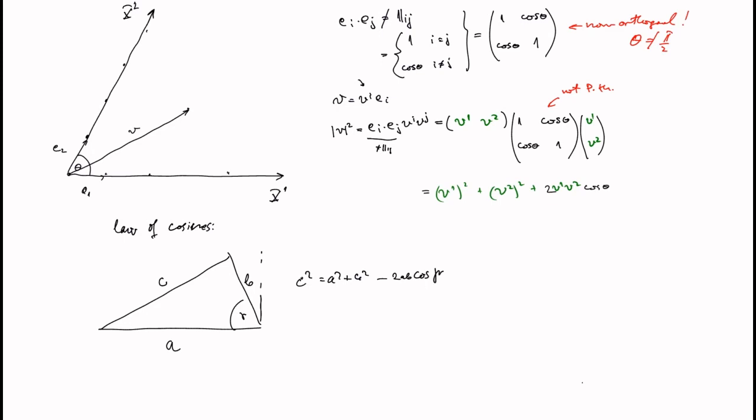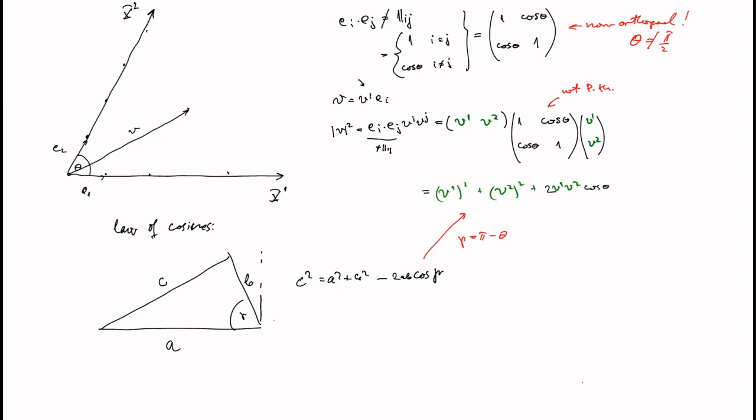This is the law of cosines. And if you compare it with the equation that we have here, it seems like gamma is pi minus theta if you attribute A to V1, B to V2, and C squared to the length squared. Okay, so this is very interesting.